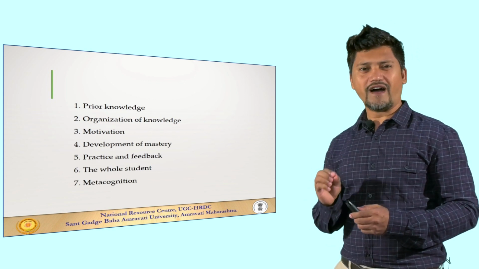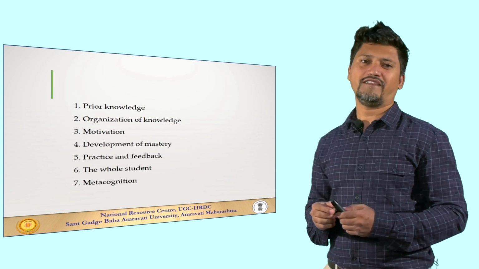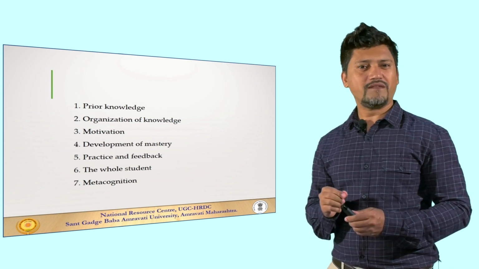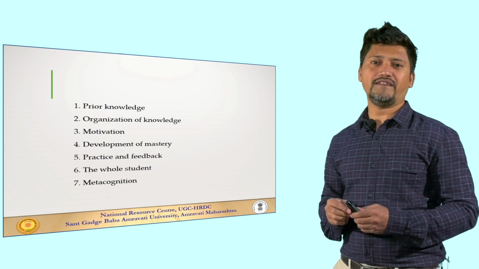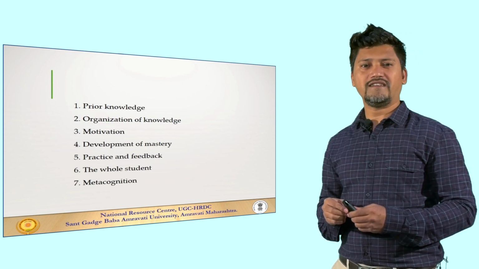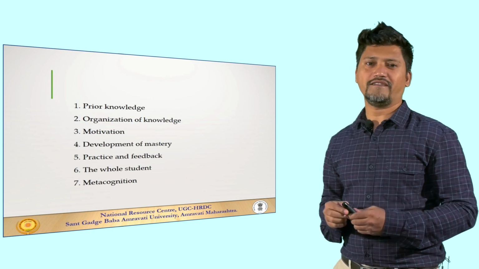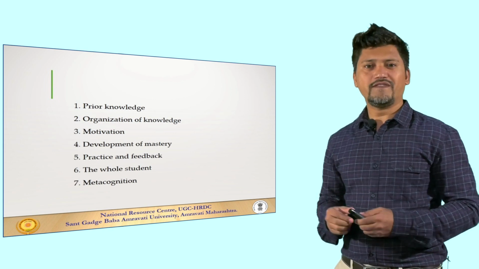This takes us to the last principle of learning, which says that to become self-directed learners, students must learn to monitor and adjust their approaches to learning. I believe this is a very important aspect of learning, especially in higher education, that our learners should become autonomous. And this autonomy does not come automatically.